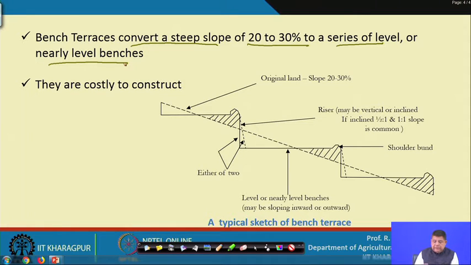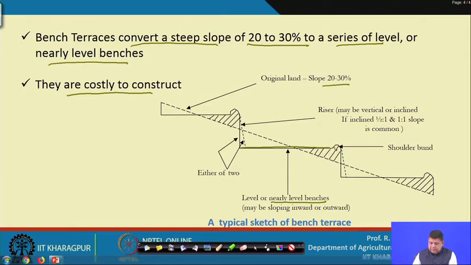As you can see that adaptability is 20 to 30%, and as you can guess that because cutting and filling operation takes place at that elevation, that is steeper slope, obviously, it is a costly affair, and that is why bench terracing is a costly conservation measure. And here, as you can see, earlier also we saw this is the original land slope, which is 20 to 30%, and here these level or nearly level benches are constructed.